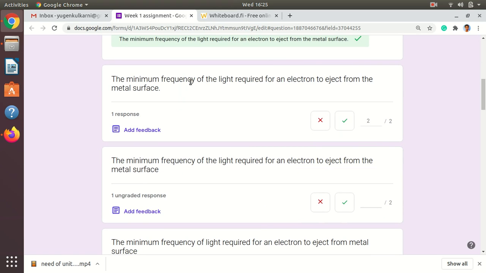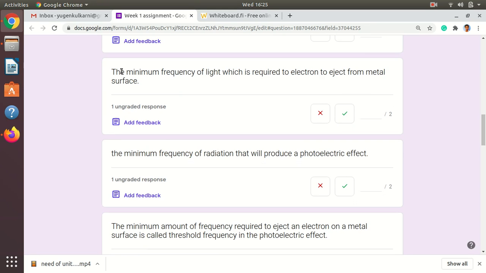The minimum frequency of light required, this is correct. Minimum frequency of light which is required for an electron to eject from the metal surface, correct. Here someone has used radiation, that is also correct. Light is alternatively used as radiation, so that is correct. That will produce a photoelectric effect, that wording is also fine, so you can get 2 marks here.